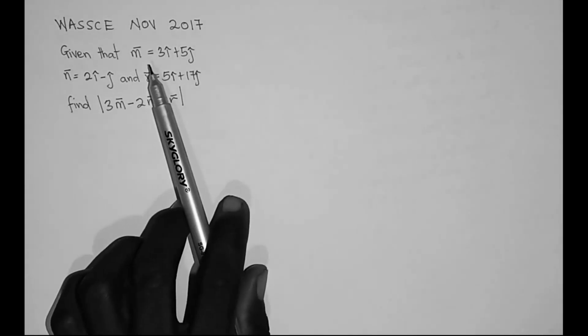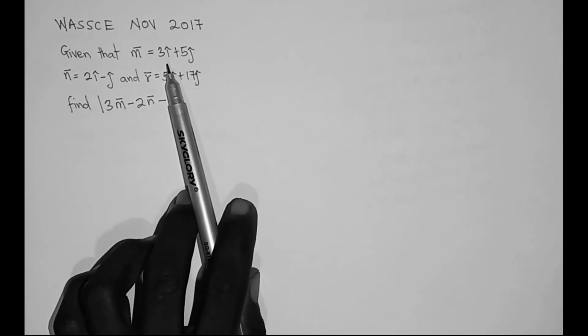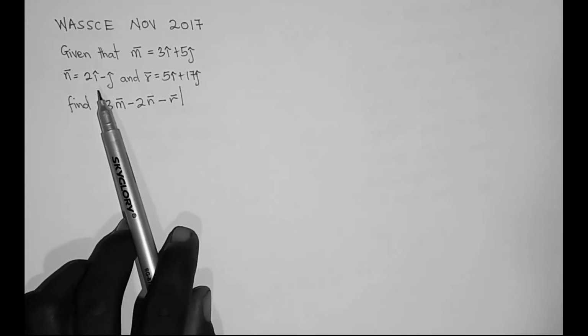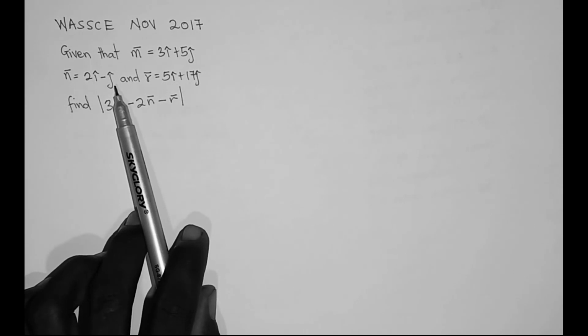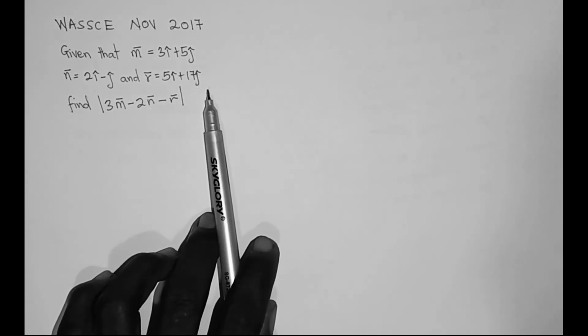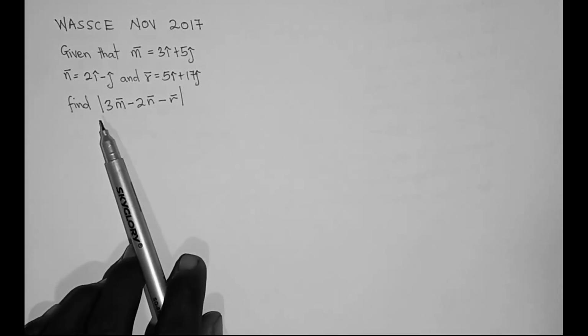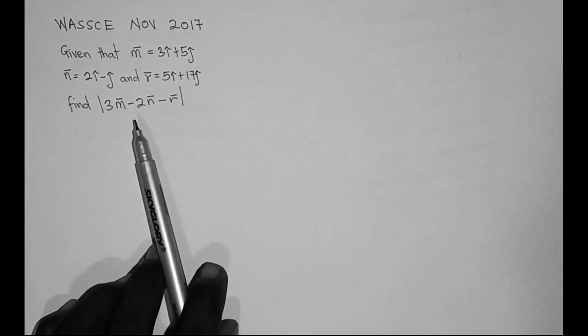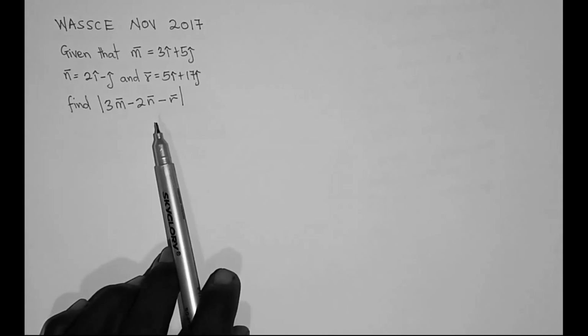Given that vector M is equal to 3i plus 5j, and vector N equals 2i minus j, and vector R is equal to 5i plus 17j, find the magnitude of 3m minus 2n minus r.